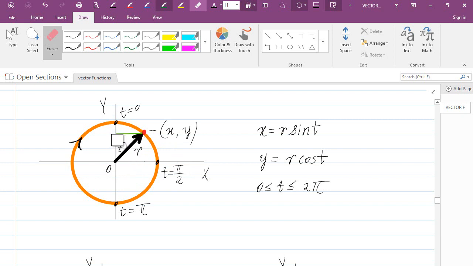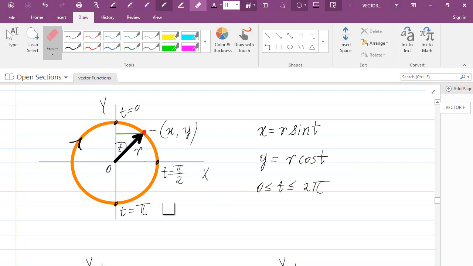Looking at this right triangle, the green segment is x, and this side here is y. For t, now y is the adjacent and the green side is the opposite. So x would be r sine t, because that's the opposite now, and y would be r cosine t.